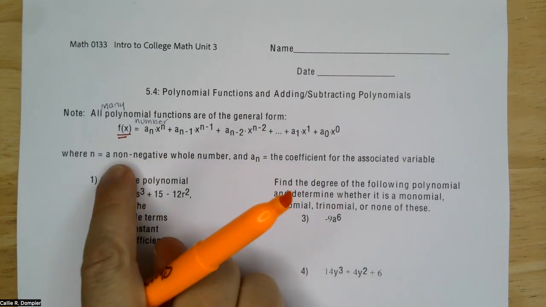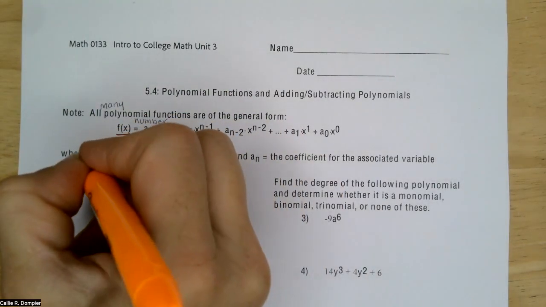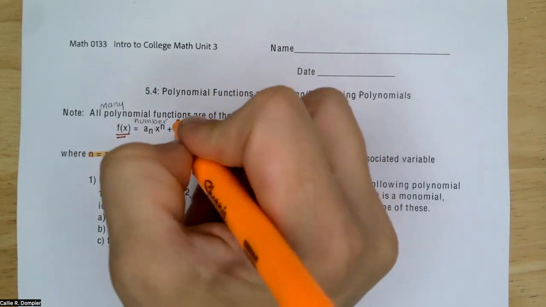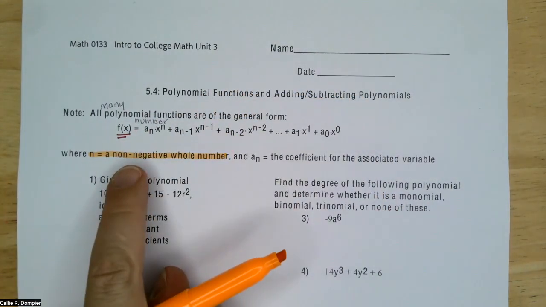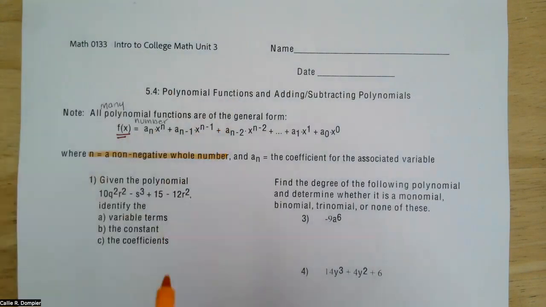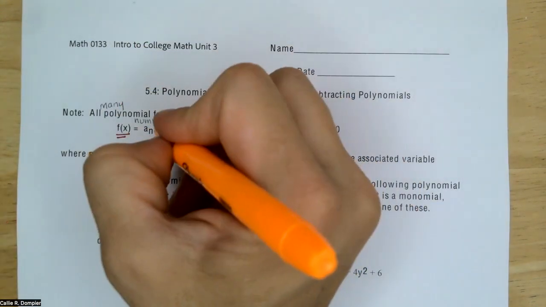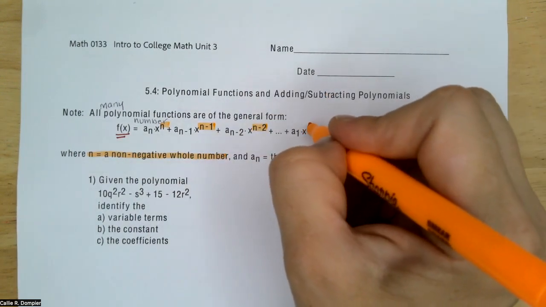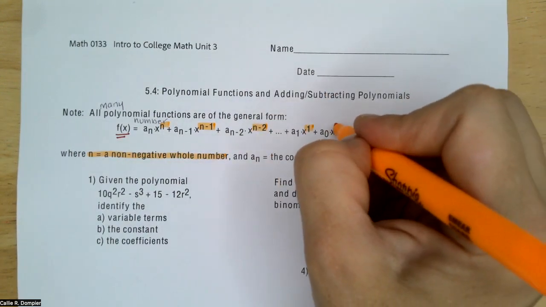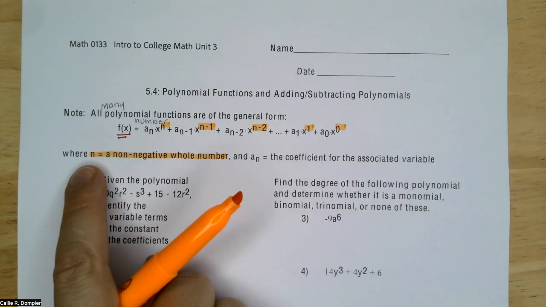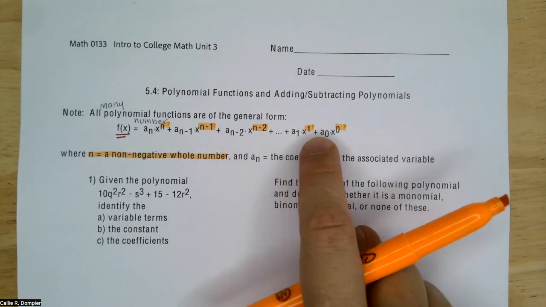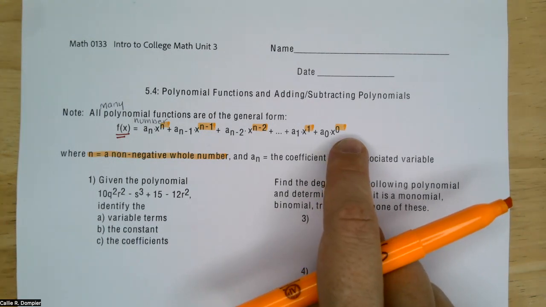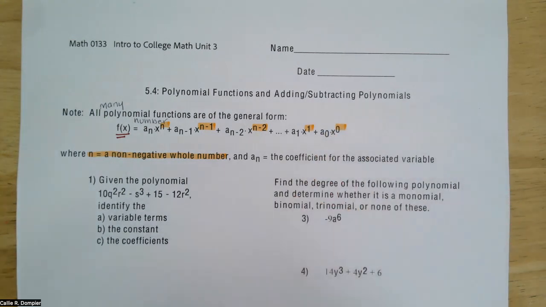There is an n, a non-negative whole number. Highlight this. These are the n's. The ones that cannot be negative are these up here. I highlighted the number 1 and the number 0 because those are also exponents, so I didn't need to highlight them.